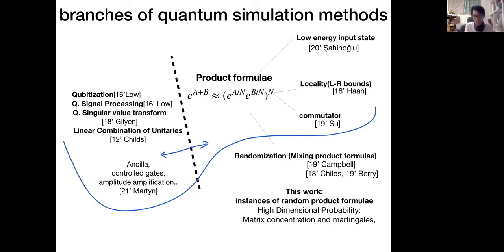We're going to study instances of these random product formulas. So there's no mixing; these are all still unitaries. And it turns out in this context, these high-dimensional probability tools come up very naturally, such as matrix concentration and martingales. And we'll see them show up very soon.